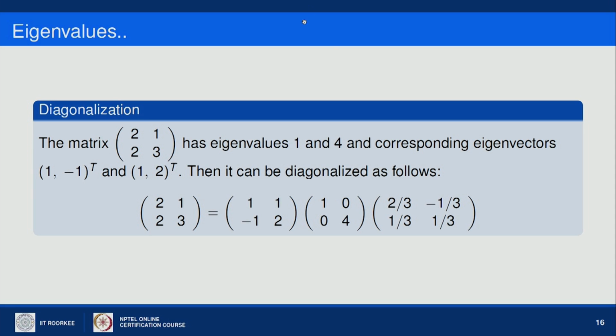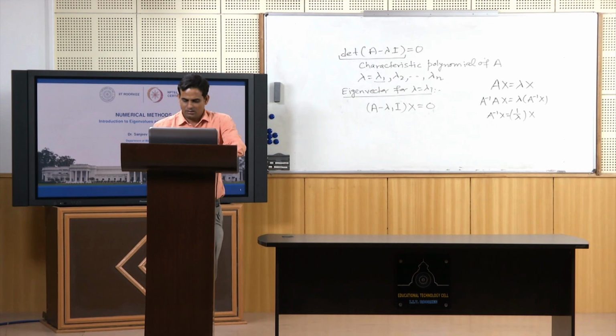This property is very important because the eigenvalues of A and the eigenvalues of D will be the same, and since D is a diagonal matrix, the eigenvalues will be the elements in the main diagonal.